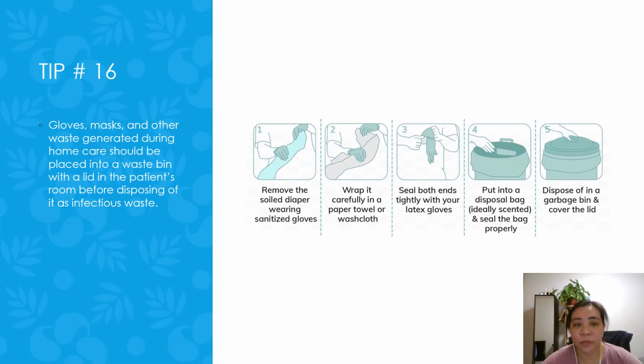Okay? So next, gloves, masks, and other waste generated during home care should be placed in a waste bin with a lid in the patient's room before disposing as infectious waste. We don't really have a classification, but as much as possible, segregate what you throw away. Diapers with feces and urine should be separate from kitchen waste.